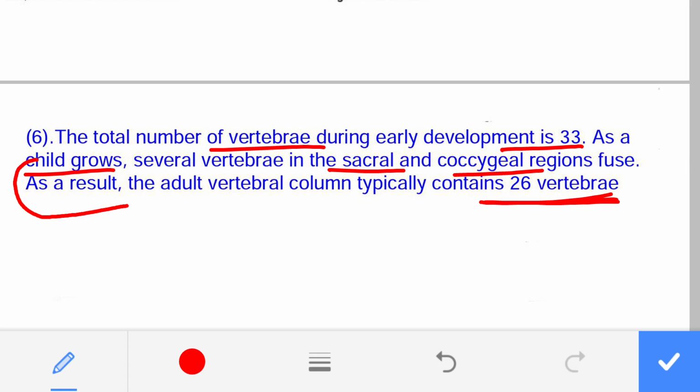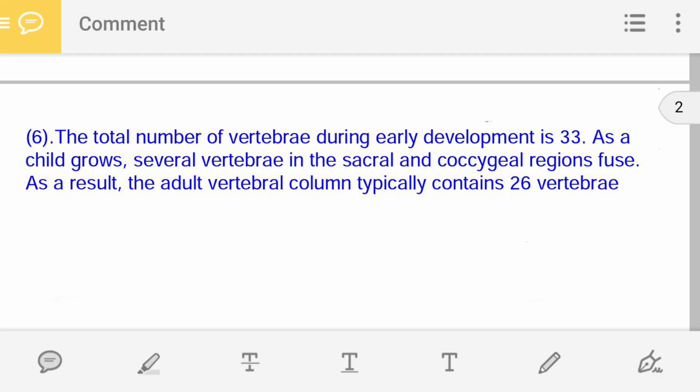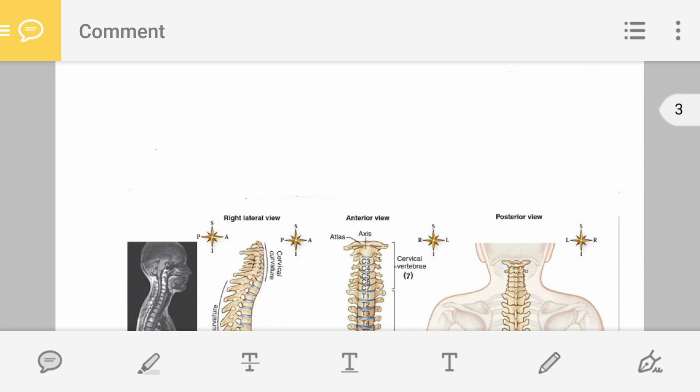That's why the number of vertebra in the adult human is decreasing. So at this point we remember that in the early development period the number of vertebra is 33, and during adulthood the typical vertebral column contains 26 vertebra. So this is the sixth point.